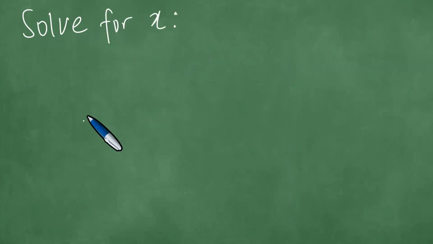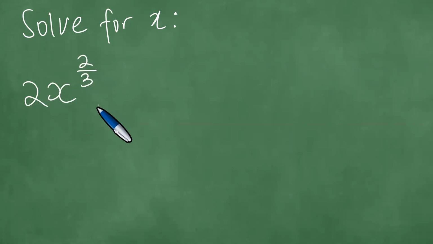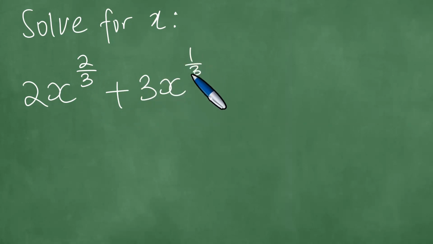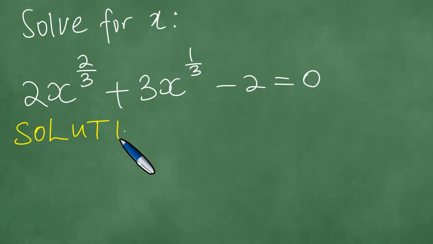Thanks, Tando. Okay, now let's solve this one for x. Solve for x if we have 2x to the power 2/3 plus 3x to the power 1/3 minus 2 equals 0.